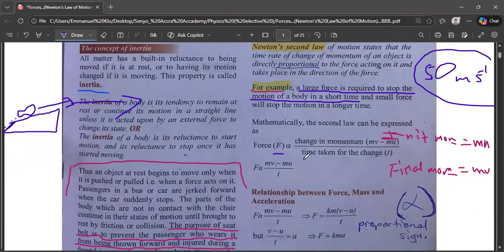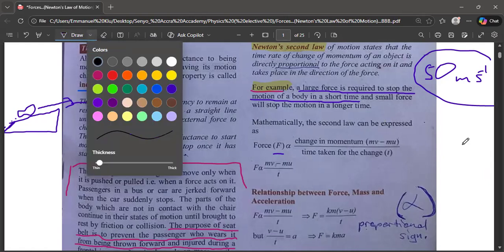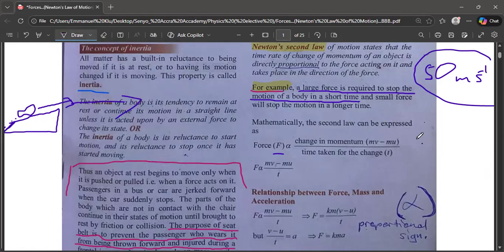In Newton's first law of motion, what did we learn? We learned that the change in momentum of a body is equal to mv minus mu.